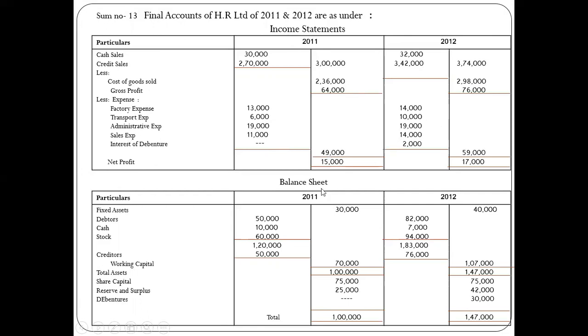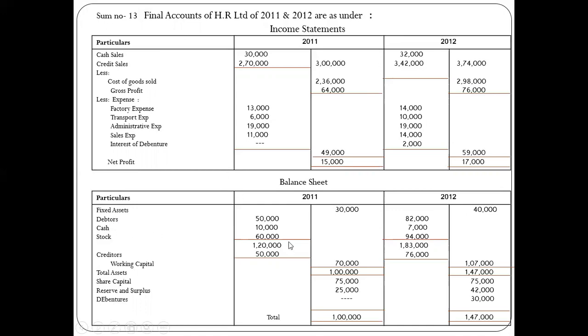Then we have the balance sheet, with particulars for 2011 and 2012. Fixed assets 30,000, debtors, cash and stock. These are the current assets.